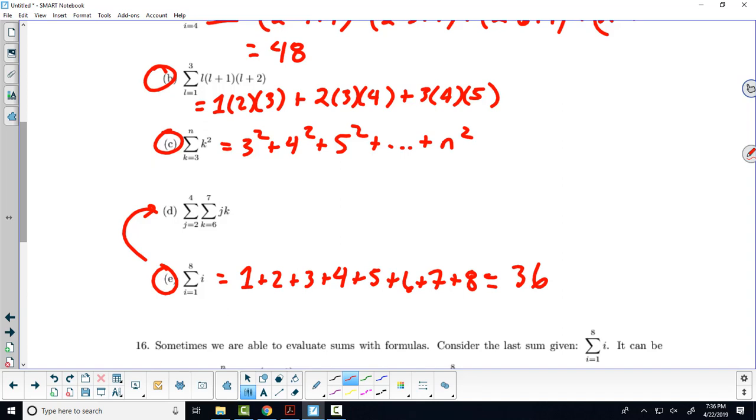So let's go ahead and write this out. I'm going to show you one way that, although it's messy, is the most intuitive, and then I'll show you a different way to write it. The first way to think about it is, I'm going to start off with J being 2 and K being 6. Now, working inside of this summand, I'm going to keep J stuck at 2 while I run through this summand.